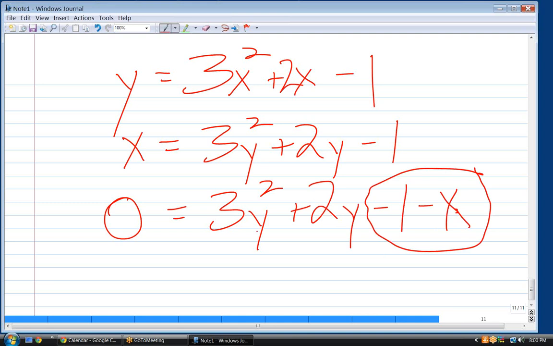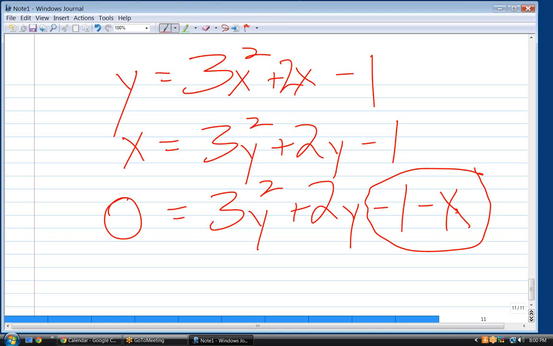To solve this quadratic, a is 3, b is 2, and c is minus 1 minus x. Plug all that into the quadratic formula and you get your inverse, and it's a function of x, as it should be.